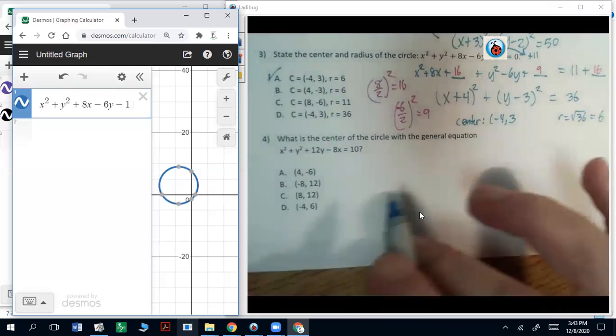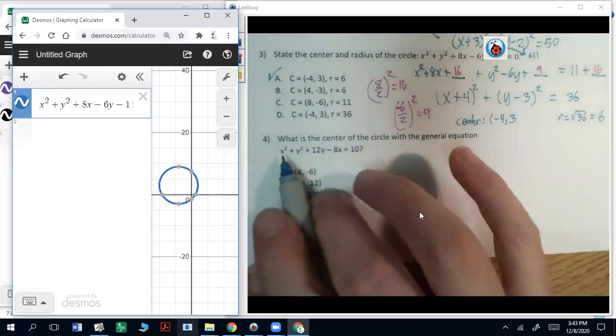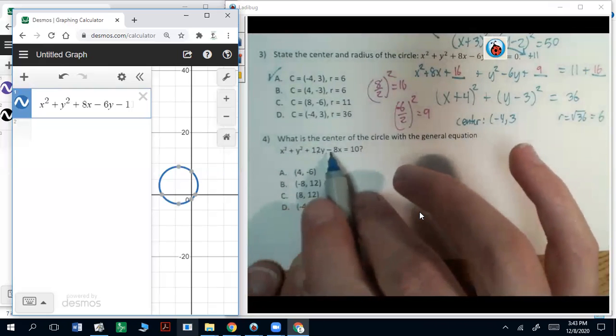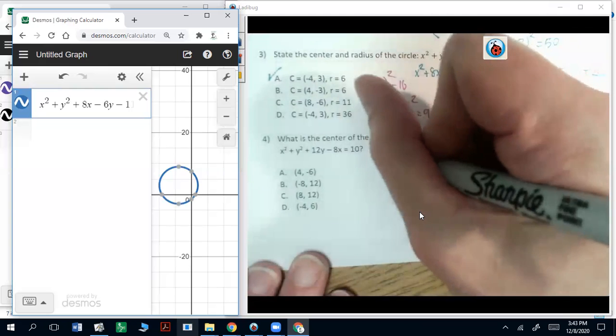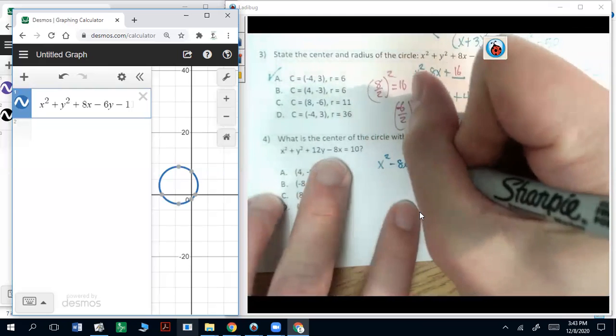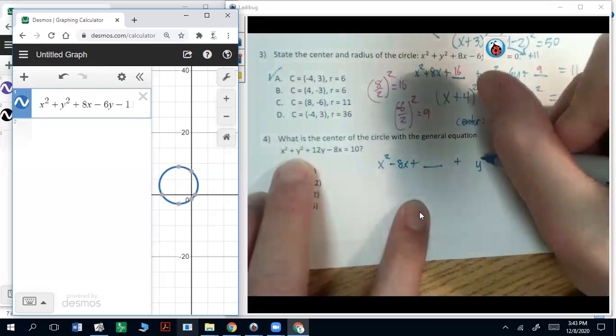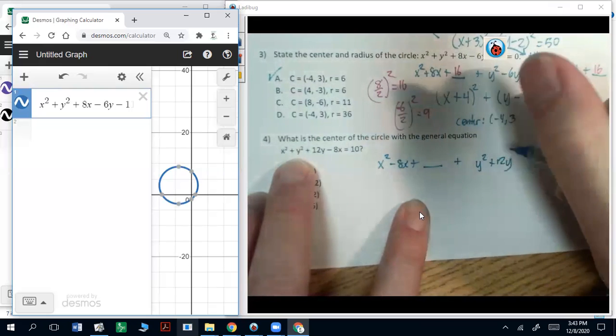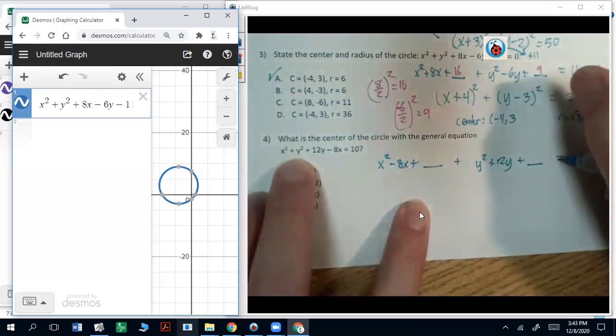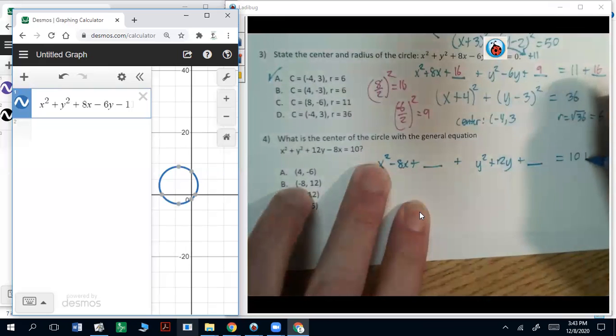And then number 4, you're going to basically do the same thing. x squared plus y squared plus 12y minus 8x equals 10. Let's rearrange. x squared minus 8x. y squared plus 12y. And the 10's already over here, so we'll just say 10.